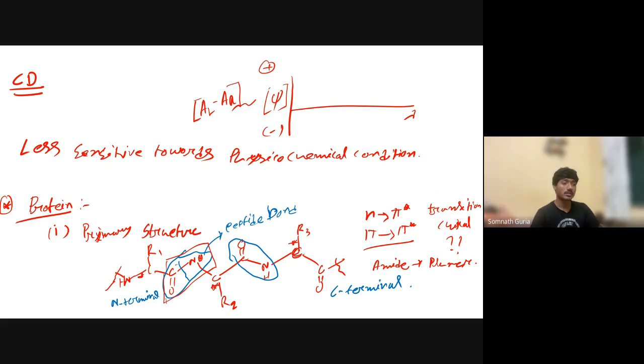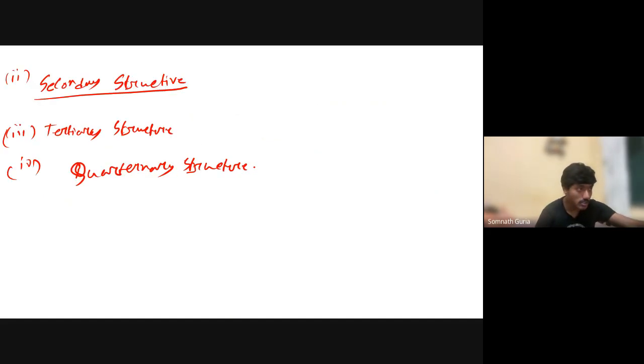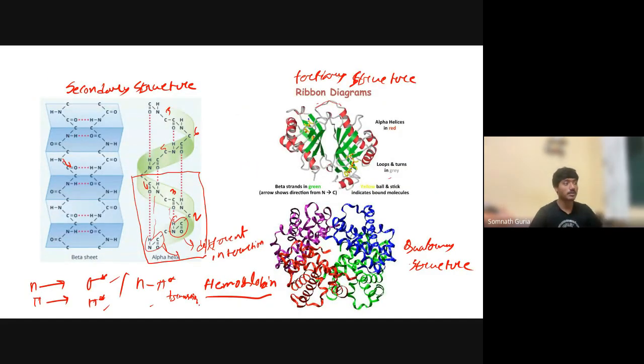As a result, it shows the chirality of the peptide bond. In the secondary structure, we have defined chirality because of the alpha helix.